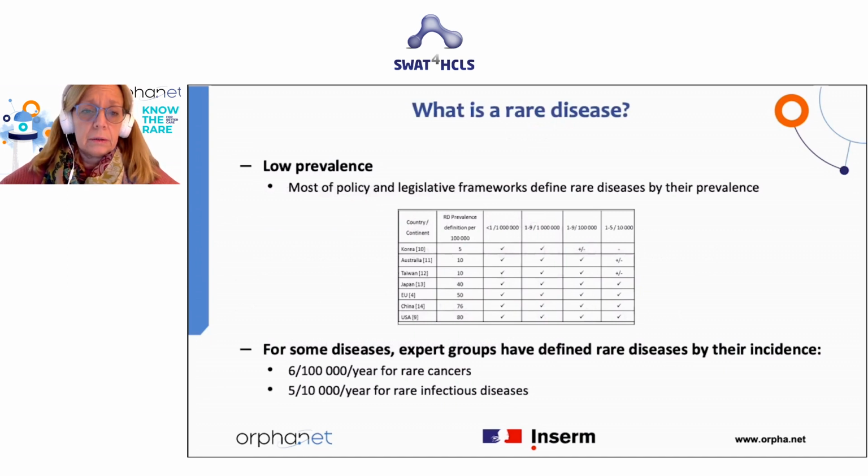So expert groups have defined rarity, the definition of what is rare, by the prevalence, meaning the number of people at the same time that are suffering from a rare disease. But that's not possible for all kinds of diseases. So we have different kinds of definitions for cancers, for rare infectious diseases.